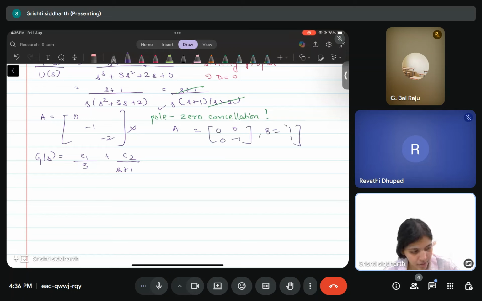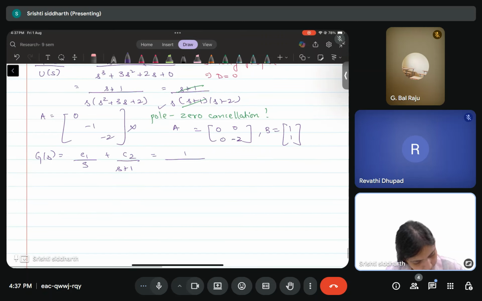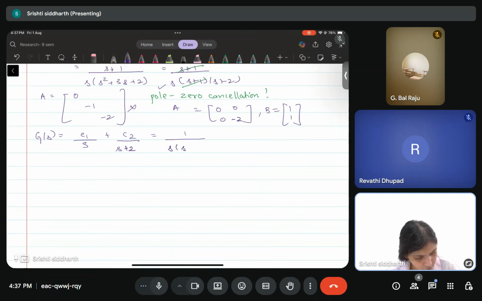B is going to be 1, 1. And then C1 and C2 are going to be 1 over, sorry, this is minus 2. C1 is half and C2 becomes minus 1 by 2. You see this, half, minus half.